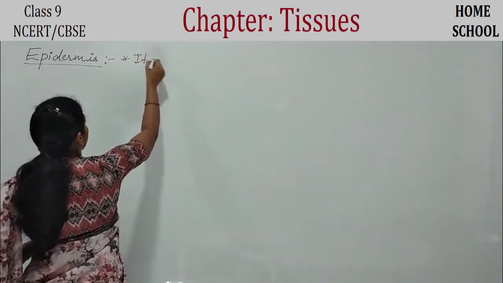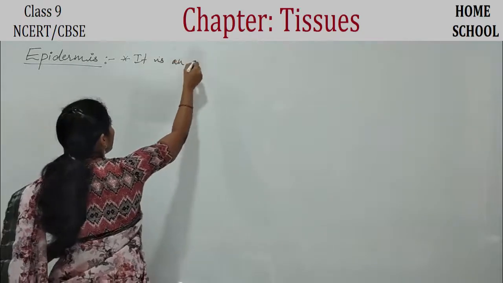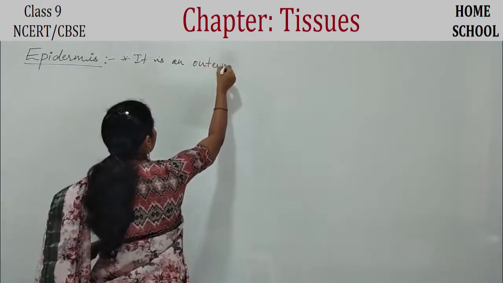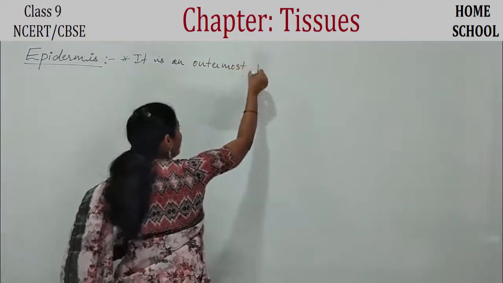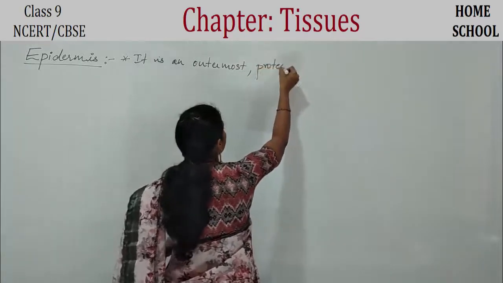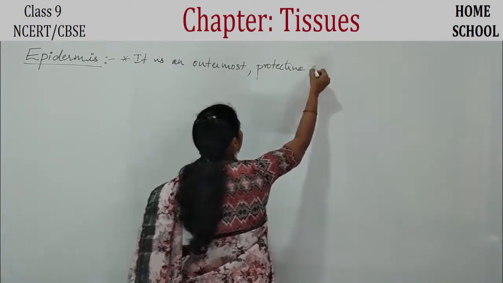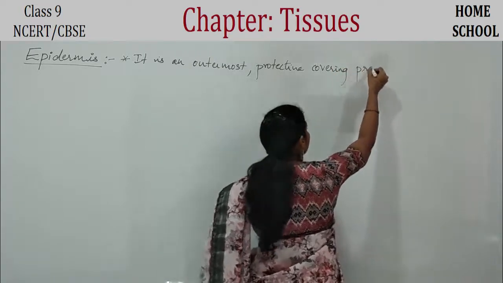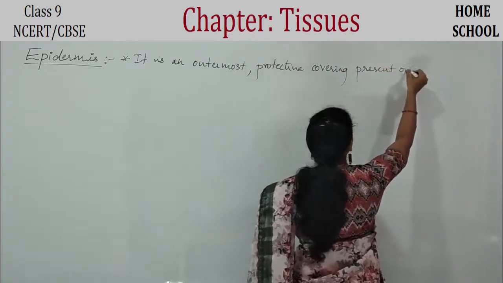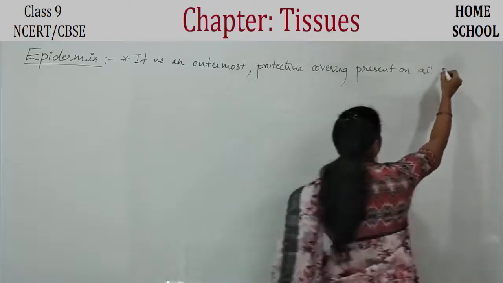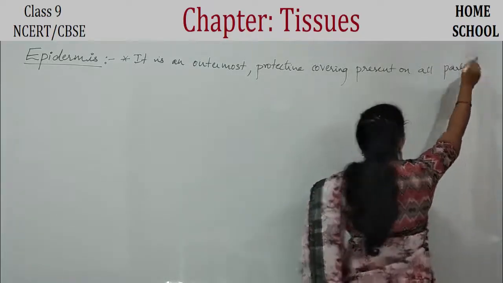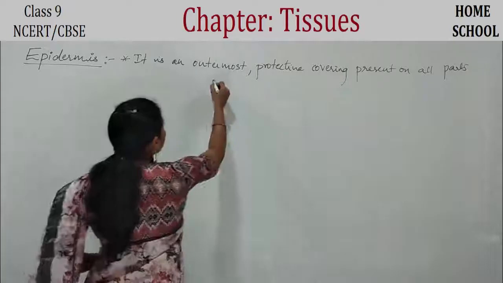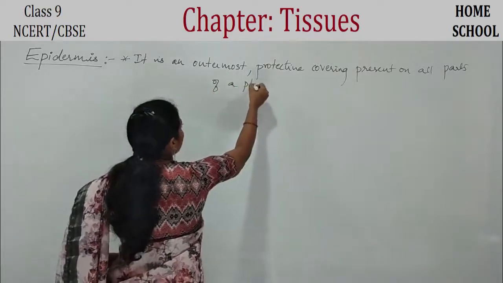It is an outermost protective covering. Where it is present: on all parts of a plant. All parts of a plant body. Yes or no?